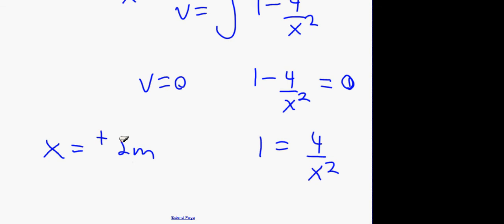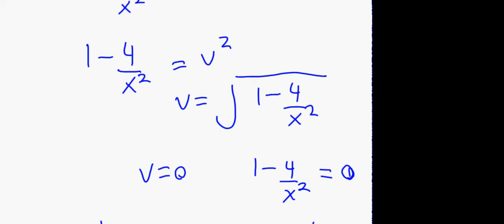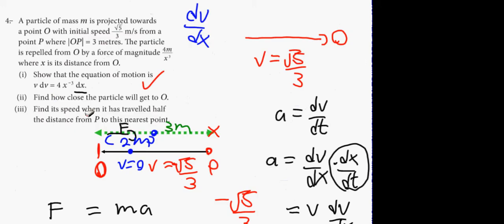Now, the next one. Find its speed when it has travelled half the distance from P to the nearest point. What's half the distance? It starts off 3 meters away. It ends up 2 meters away. X is 2.5.